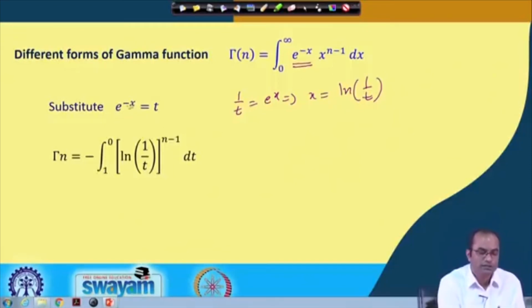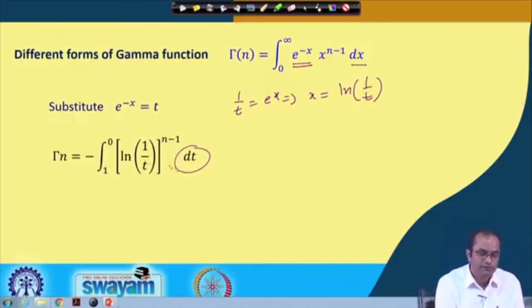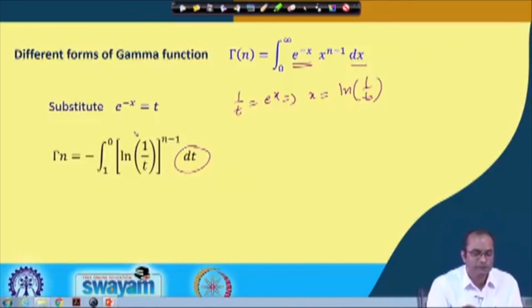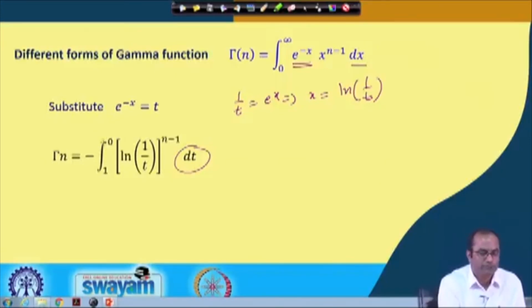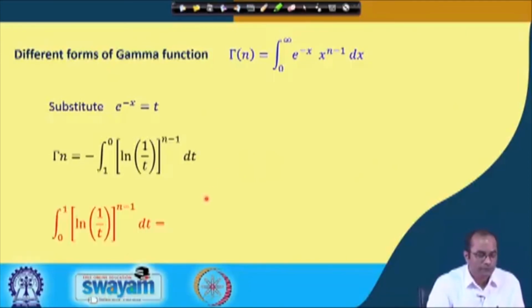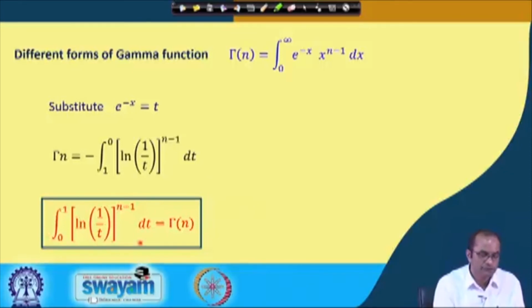This e power minus x dx will become dt, so there will be no extra term coming here, and then we have gamma n as minus 1 to 0, which will be replaced by 0 to 1. So, this is another form of the gamma function, and such an integral can be just written as gamma n.